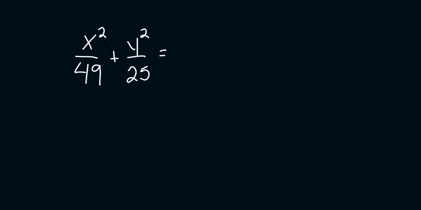First one. Suppose I give you this ellipse. Well, that's not going to work. Retry. Let's say I give you this ellipse of x squared over 49 plus y squared over 25 equals 1. I'm going to ask you to find some stuff about it.